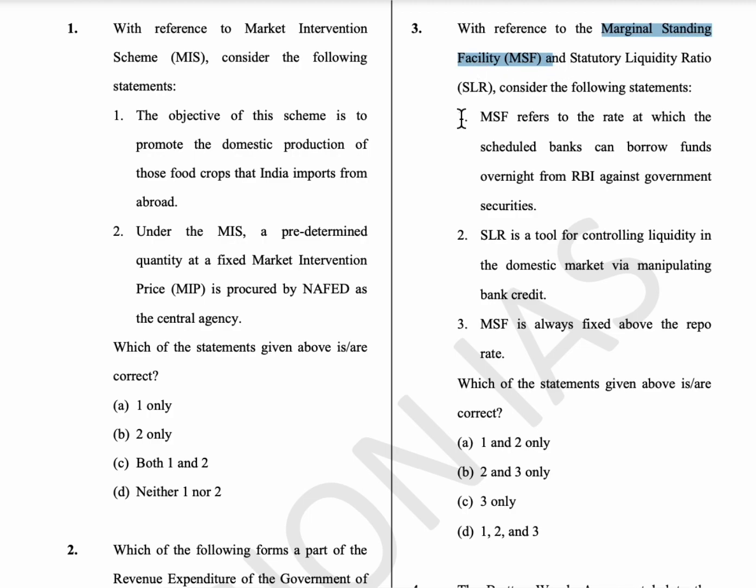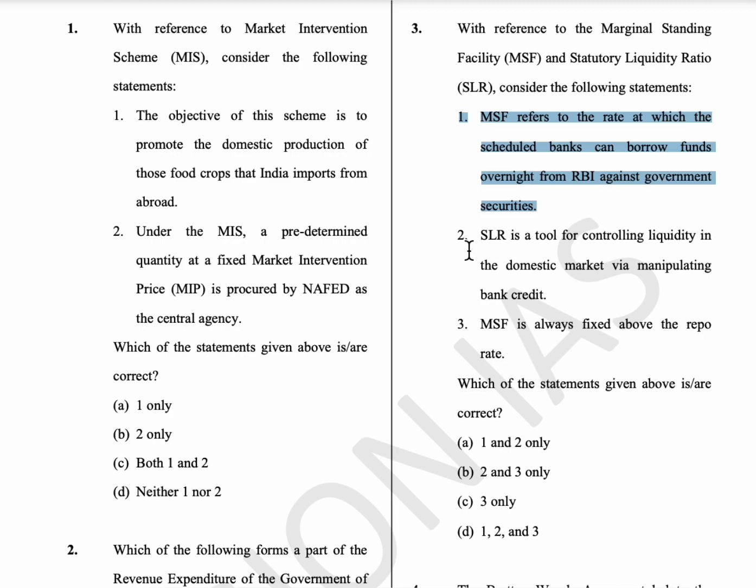So let's look into these statements. First statement is MSF refers to the rate at which the scheduled banks can borrow funds overnight from RBI against government securities. The first statement is correct. Coming to the second statement, SLR is a tool for controlling liquidity in the domestic market via manipulating bank credit.